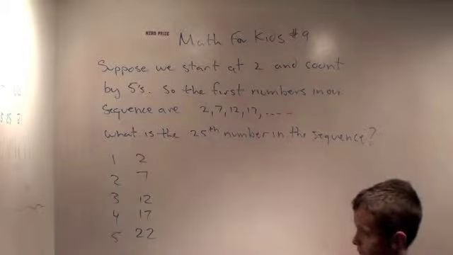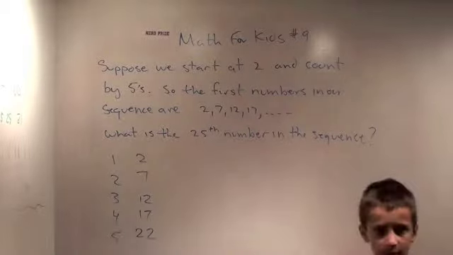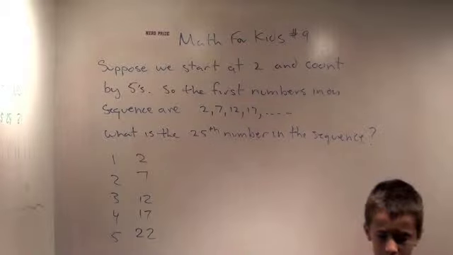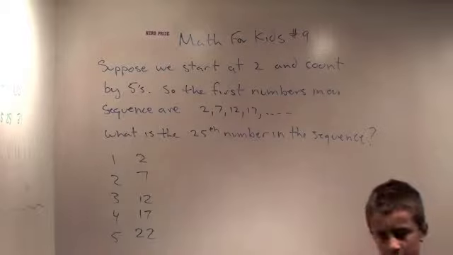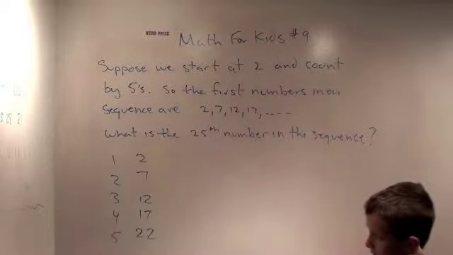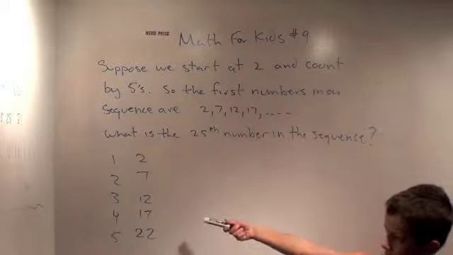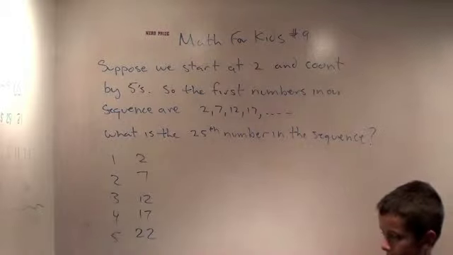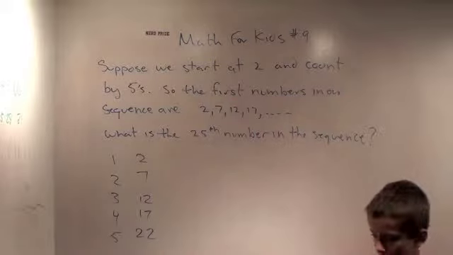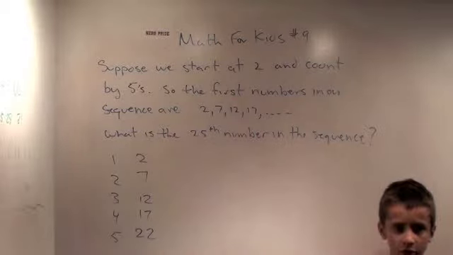And what number in the sequence is 17? It's the 4th number. How many 5s did I add to get there? You added 3.